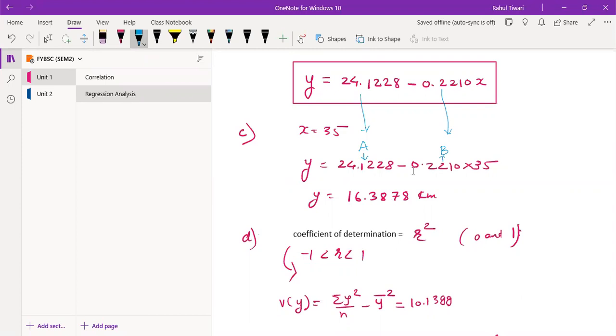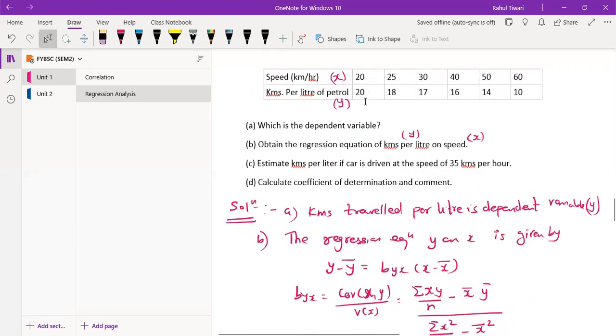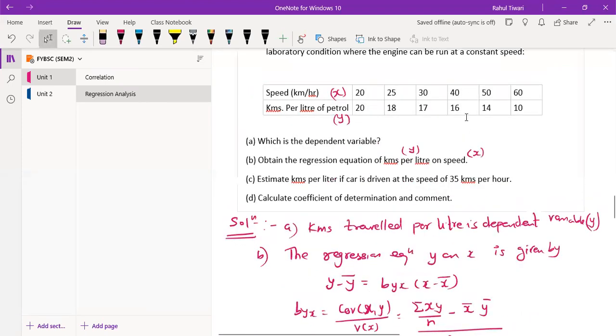Like the data is given to you. Suppose some kind of data is given to you, maybe in terms of x and y, and what could be the value of A, what could be the value of intercept. See, it is not necessary that I always give the terms of A. A has some name. A is not for apple. A is for intercept, B is for slope of line.